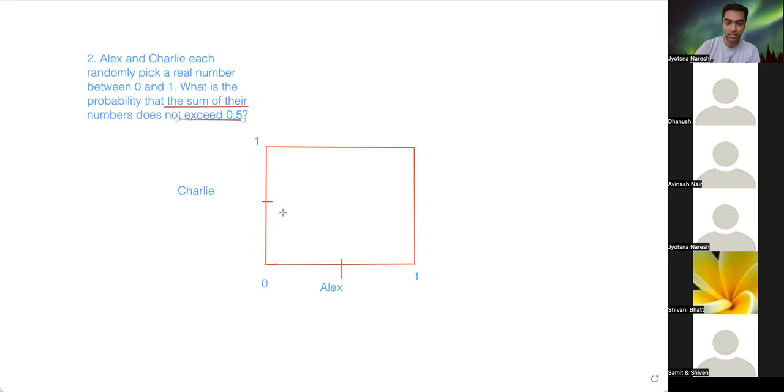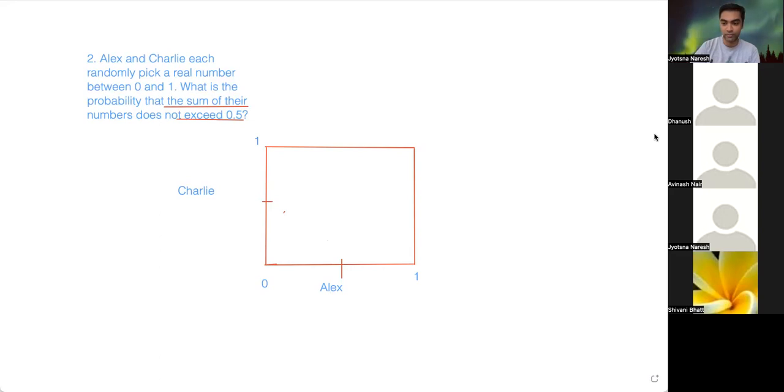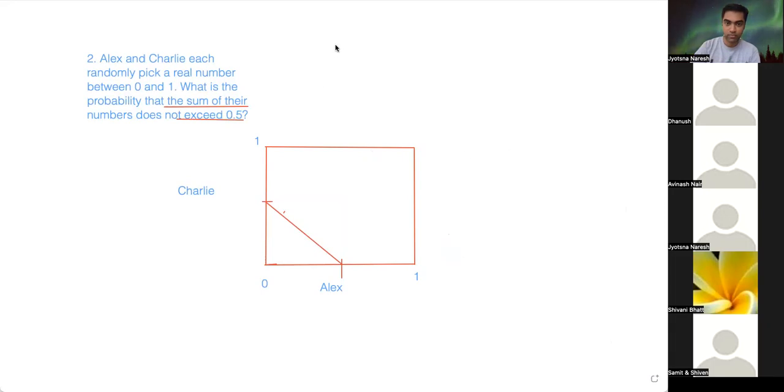Okay, so that would be this point here. So let's try connecting all these points. So the area we're looking at now is this area.